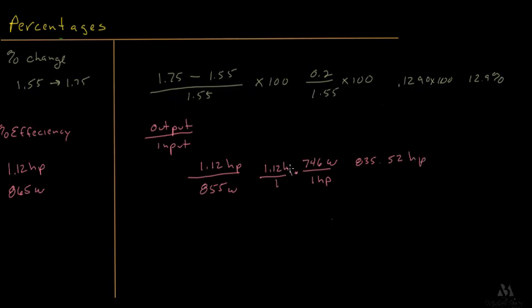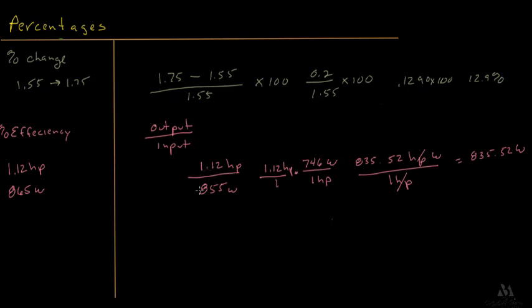I guess I should have a P there. Watts, all over 1 times 1 horsepower, which is going to be 1 horsepower. The horsepower will cancel, which is going to leave us with 835.52 watts.